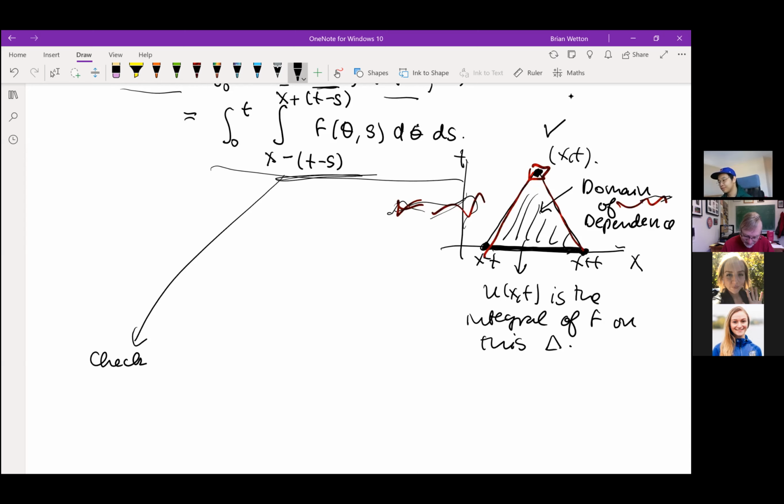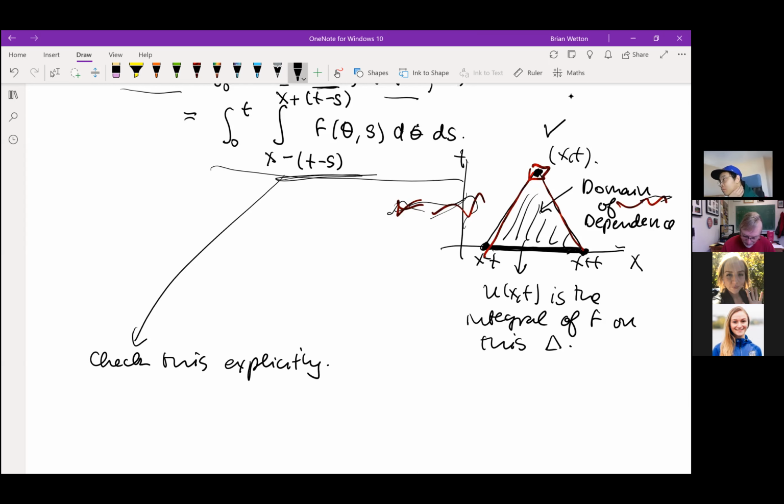Okay, so I said we would check this explicitly. And in a way, this is basically just doing the formal work that we did to derive Duhamel's principle for second order problems in reverse for this concrete example. But I think it's a useful exercise to do anyway.